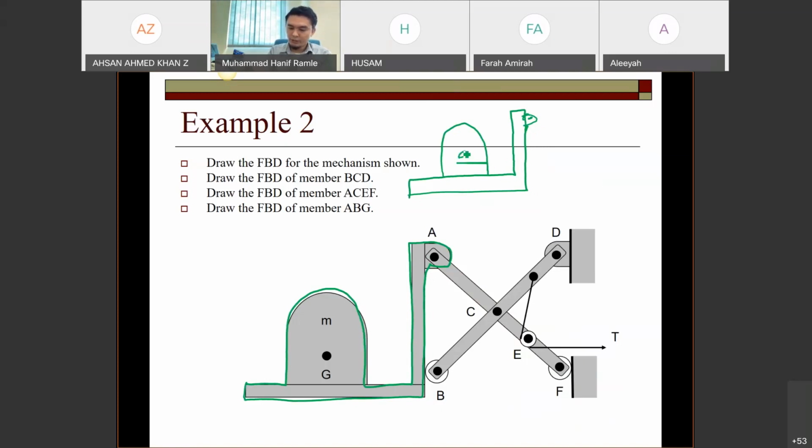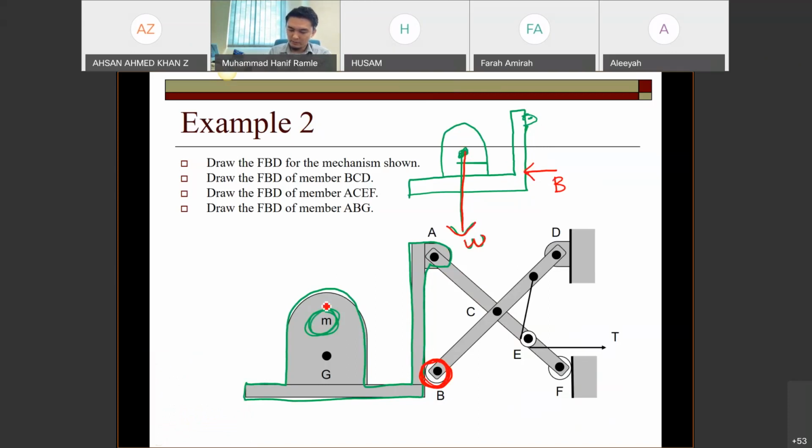At G, since we have mass there, you have to put weight. And then at point B here, you have to put the reaction, because it's a roller.